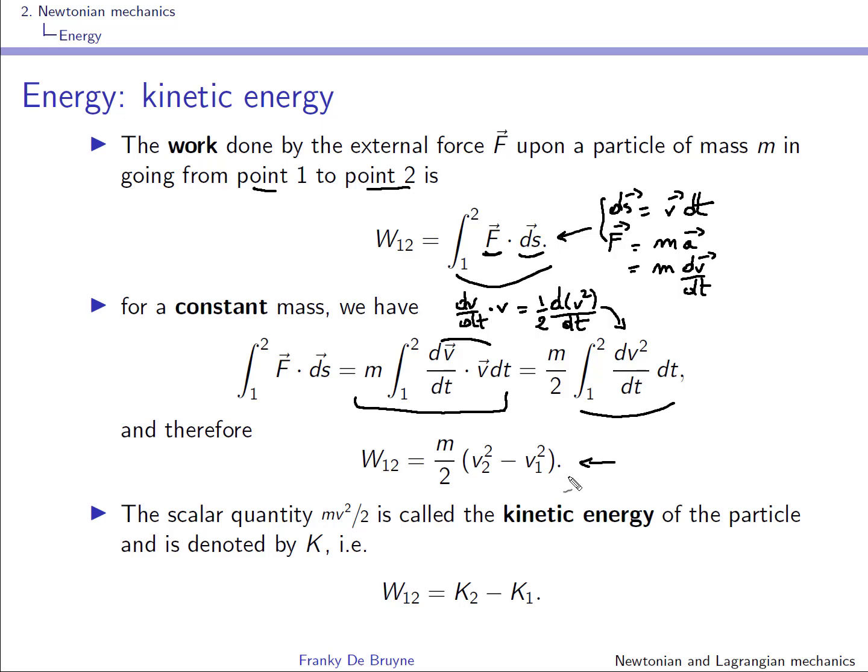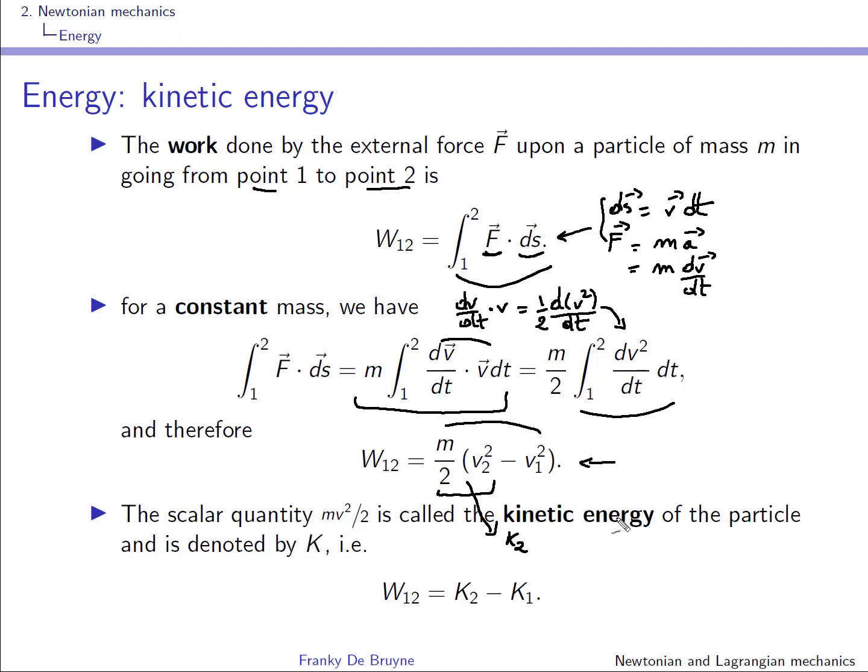The work that is done by this force is equal to this thing here, and it's a difference between this term here, m over 2 times v2 squared, and something similar, m over 2 v1 squared. I assume you recognize that this is the kinetic energy K2, right?